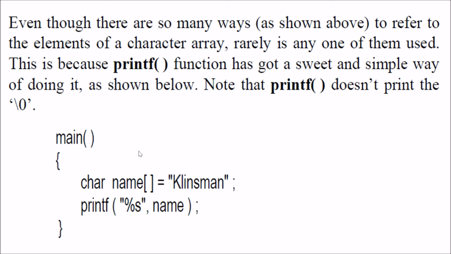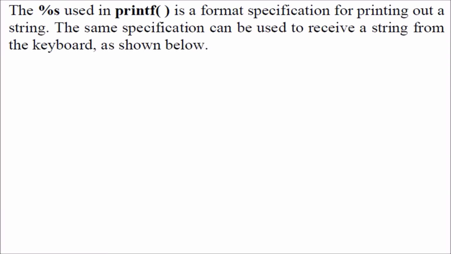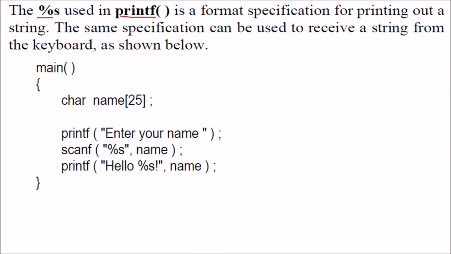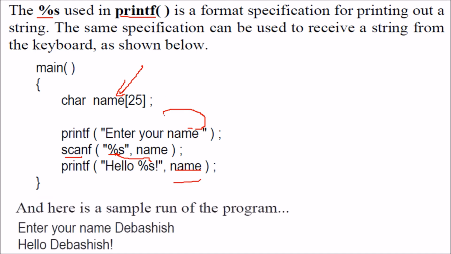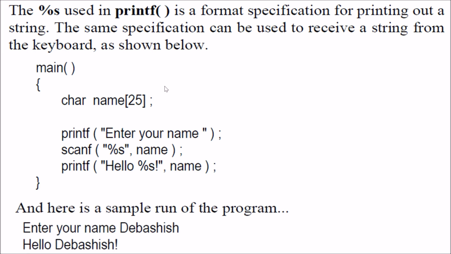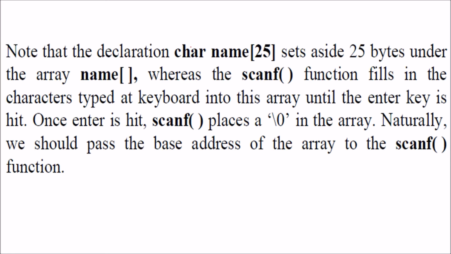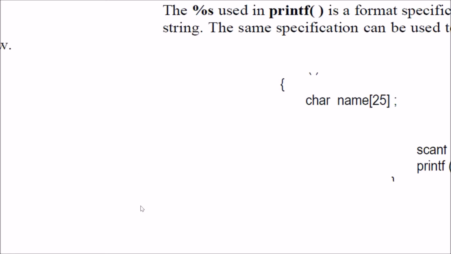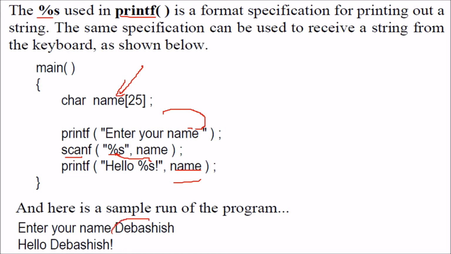But here is a catch. This %s, the format specifier in printf, can be used directly. Enter a name, take it with %s, you can use it in scanf also, and just print this %s name. So with this character array, you have taken the name and printed it. But the catch is, I have given the name as Debashish.